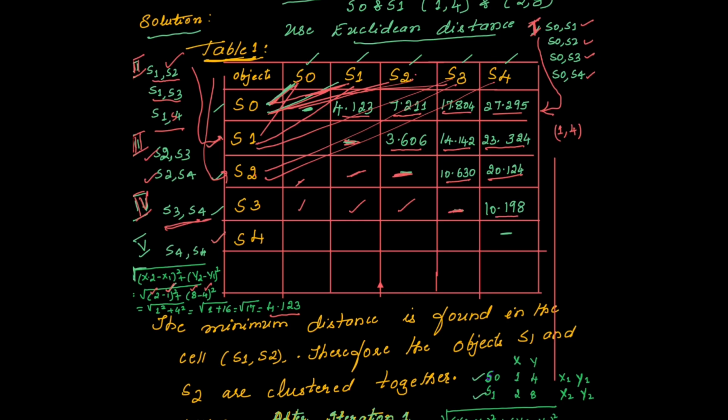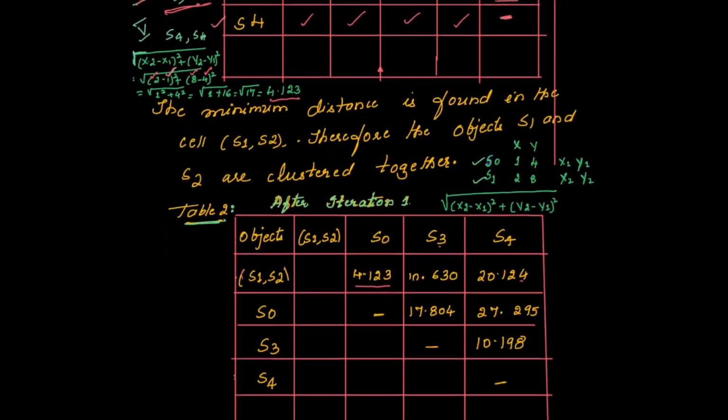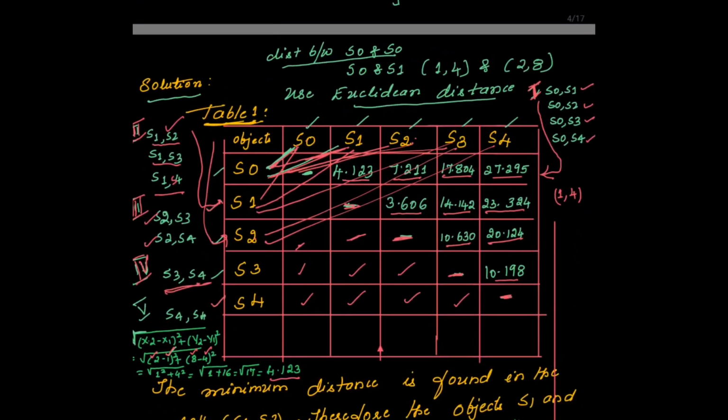And in the fifth row, all of these are already done: s4 and s0, s4 and s1, s4 and s2, s4 and s3, and s4 to s4 is not applicable. So this is how you have to carry it out. This is your table 1, the initial table.